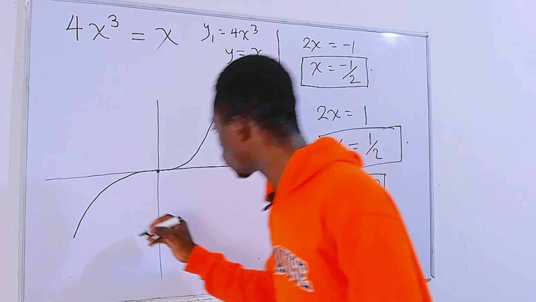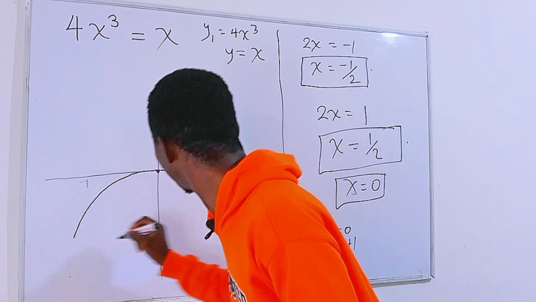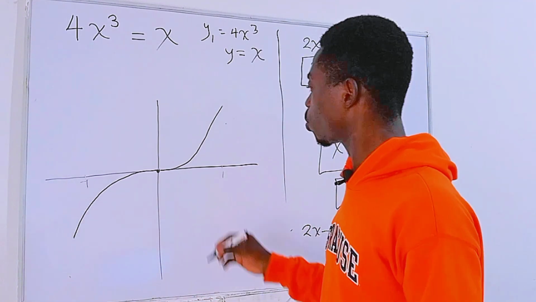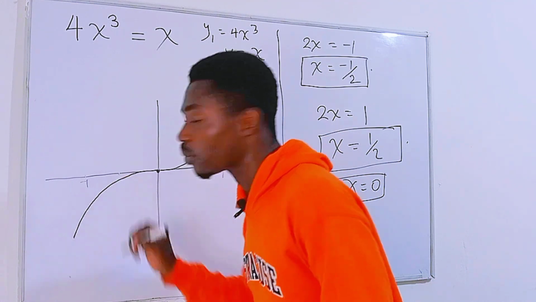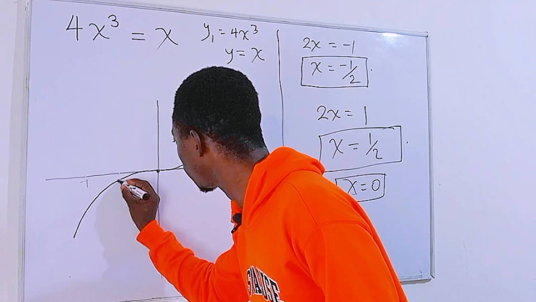Cool. Now let's assume that this point right here is negative 1. Then this right here is positive 1. Actually, this point right here is going to be negative 1 half, so the point is going to be somewhere here.